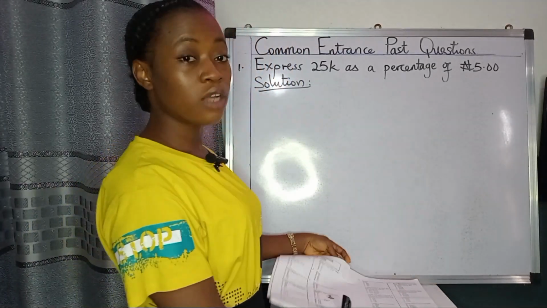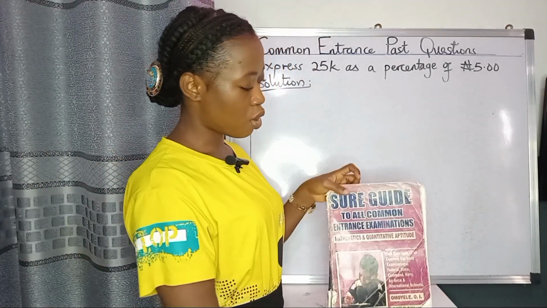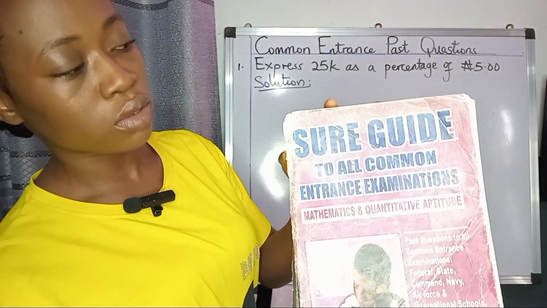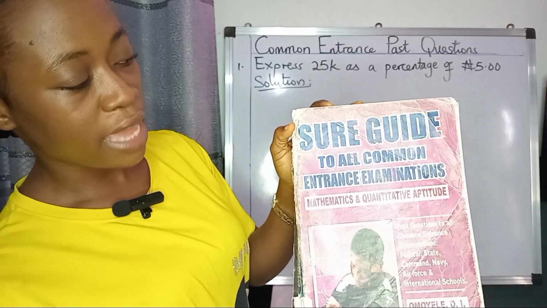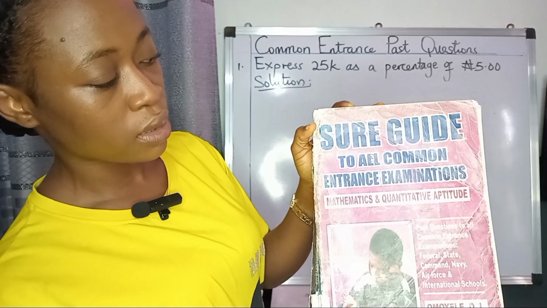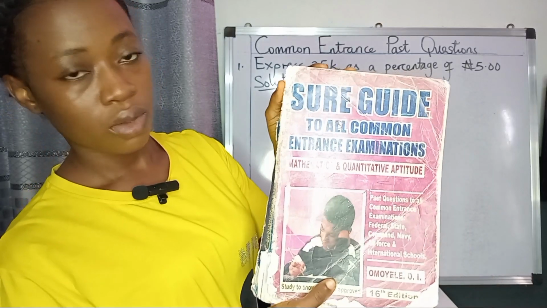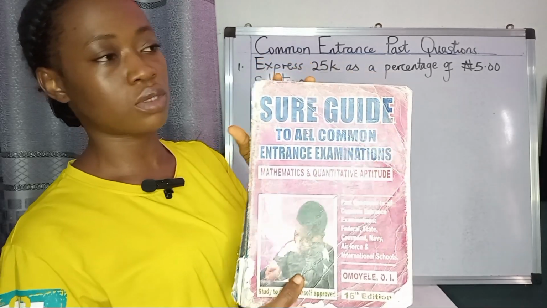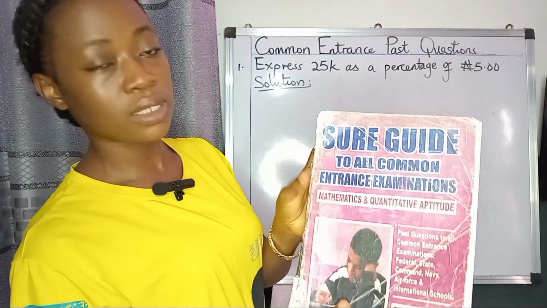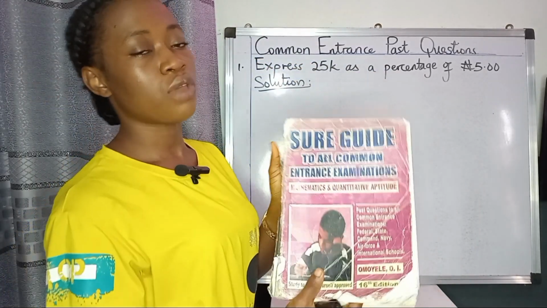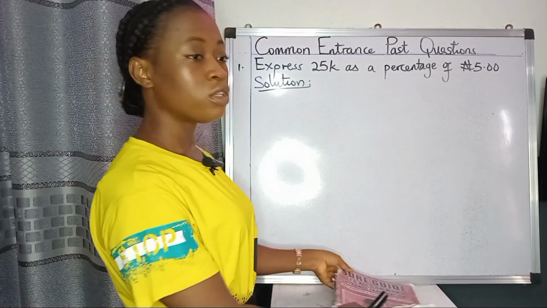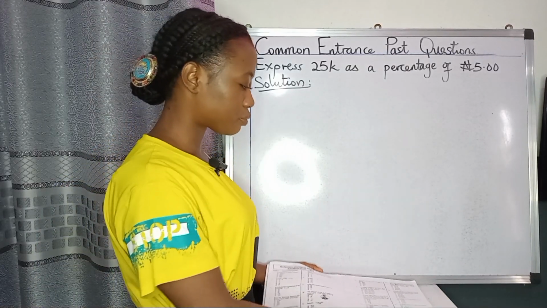And for today's lesson, I'll be using a past question book. This book is called Short Guide to All Common Entrance Examinations. Hope you can see it. And this is the mathematics and quantitative. You have the one of English and verbal with some general questions.